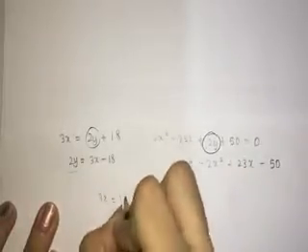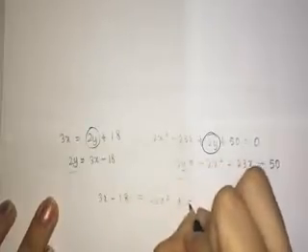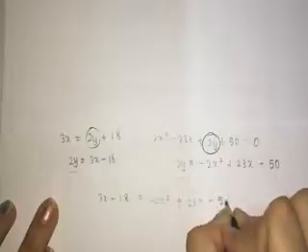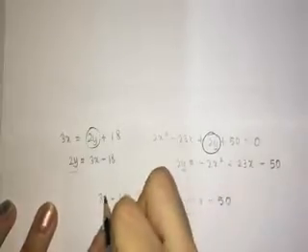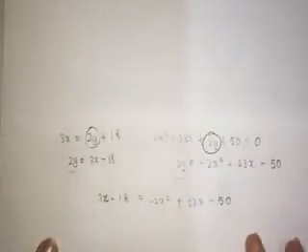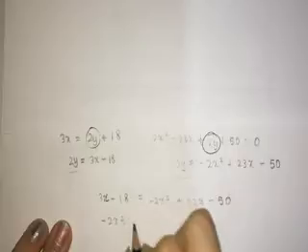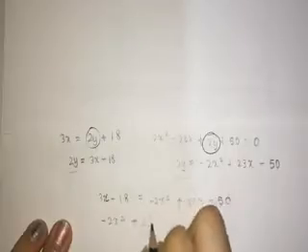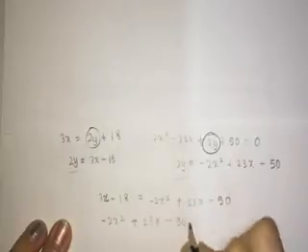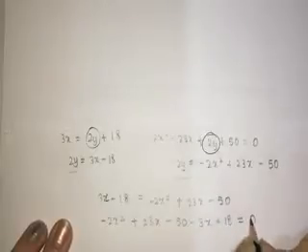So 3x minus 18 is equal to minus 2x squared plus 23x minus 50. We can bring them over to one side: minus 2x squared plus 23x minus 50 minus 3x plus 18 is equal to 0.